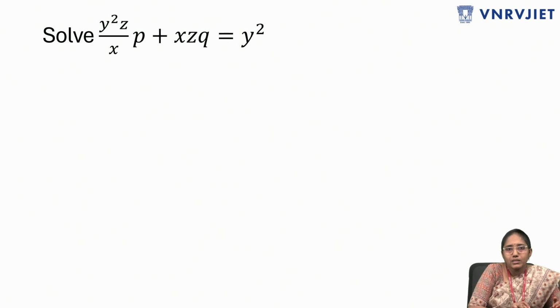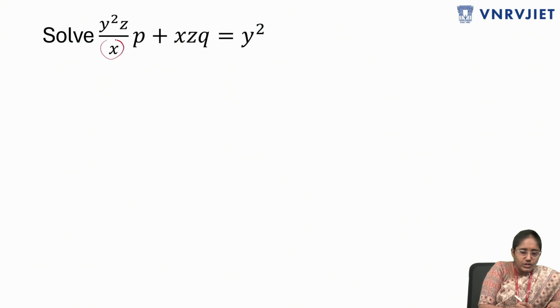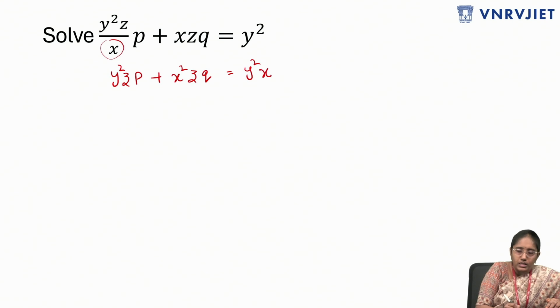Solve (y squared z by x) p + xz q = y squared. Is it directly in the form of Pp + Qq = R? Yes, but here a fraction is there. Just simplify this equation first: y squared z p + x squared z q = y squared x.